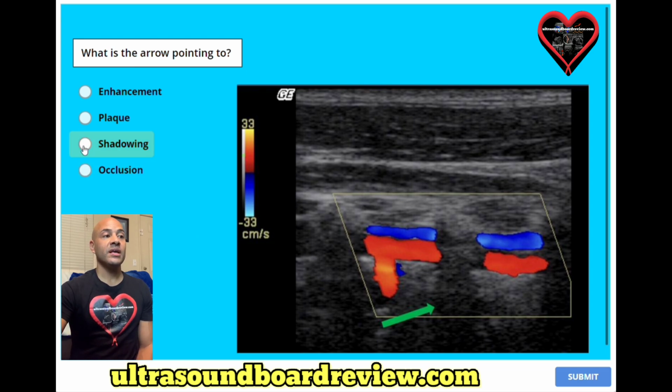The answer is C, shadowing. This shadowing is caused by the transverse process here. This is a highly attenuating structure because it's bone.